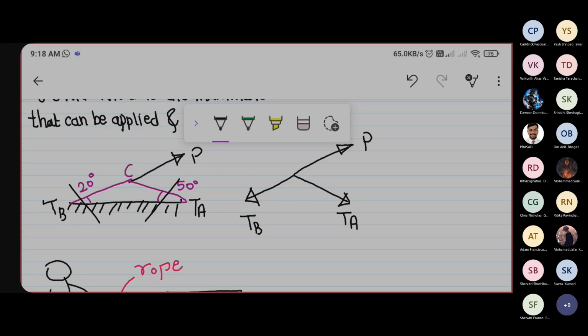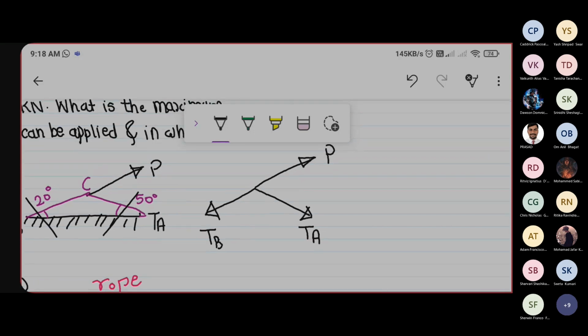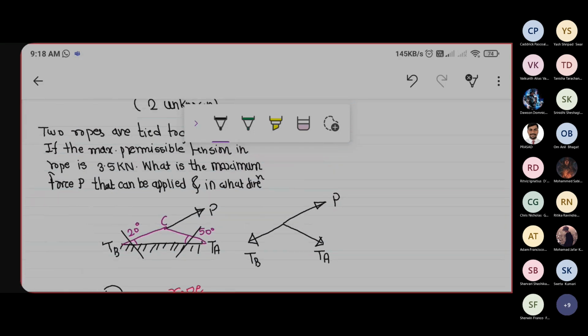Now we are drawing a diagram. This is a simple force or line diagram, right? And from here, what we understand, the problem gives the maximum permissible tension. That means above this the rope will break. How much maximum force can the rope take? That is 3.5 kilonewton.